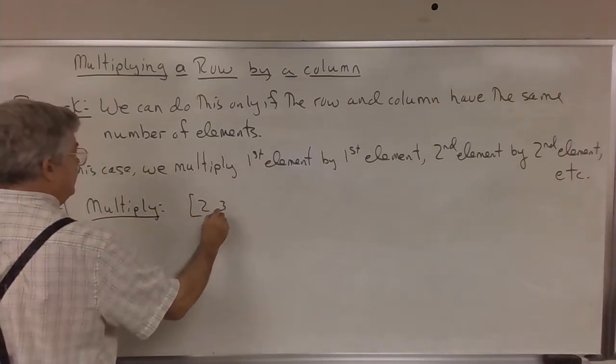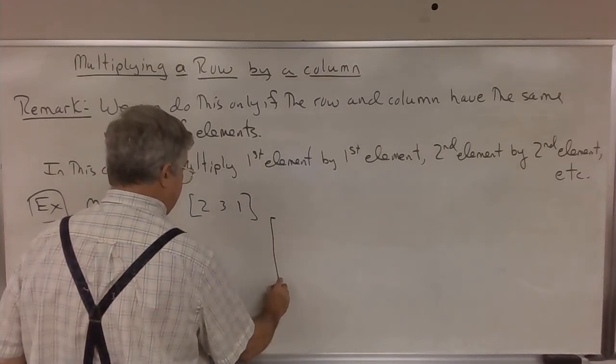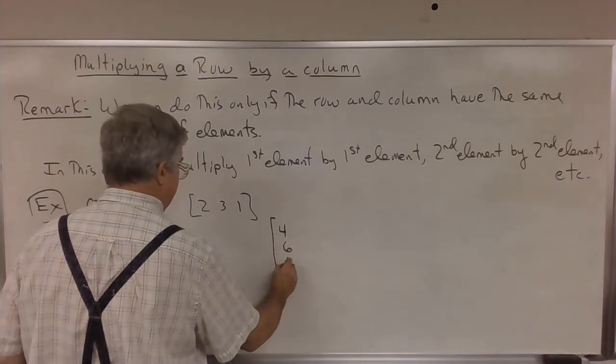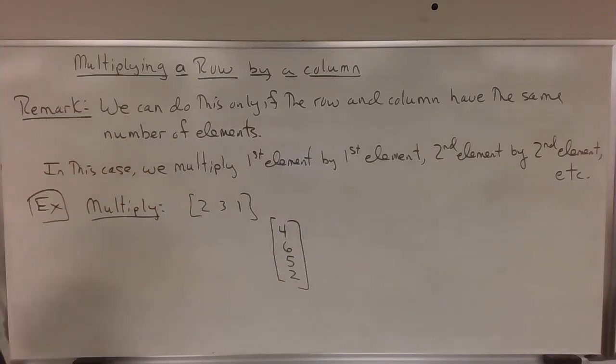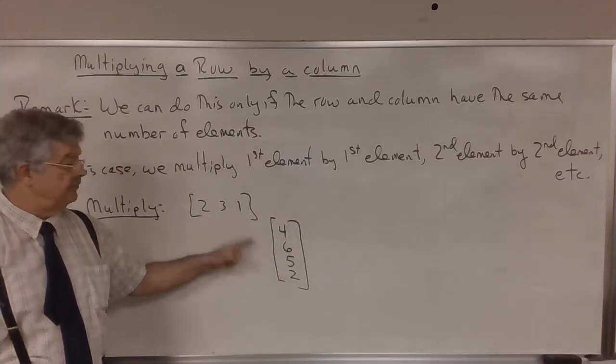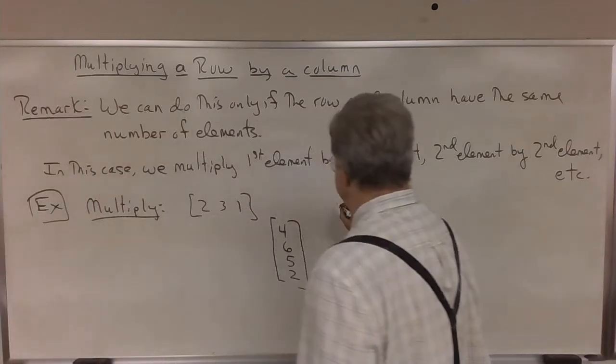Here's our row, and here's our column. The row has 3 elements, the column has 4 elements. We can't do this.